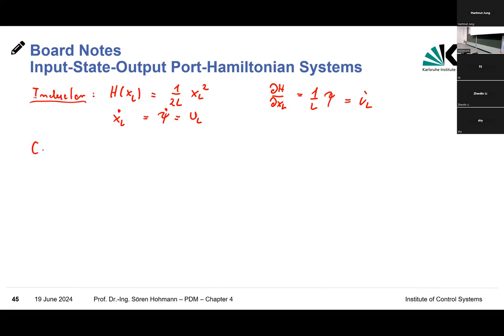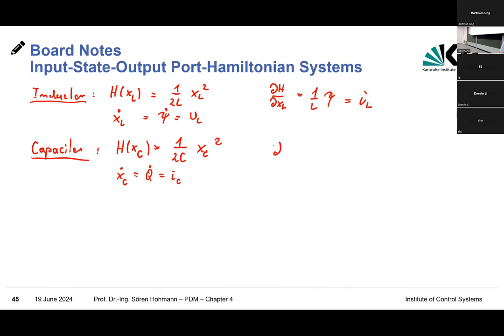The second source of states is the capacitor, which we find here. And remember, we use the thermodynamic framework. H of x_C is 1 over 2C x_C squared, with x_C dot defined as being q dot, being i_C, the current through the capacitor.